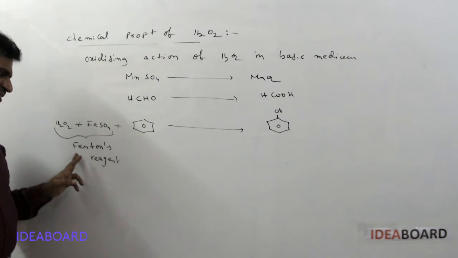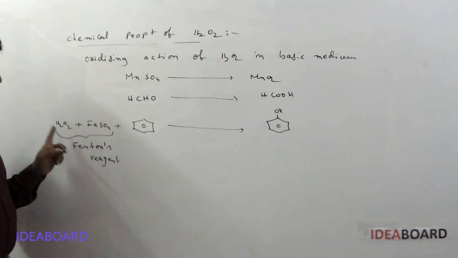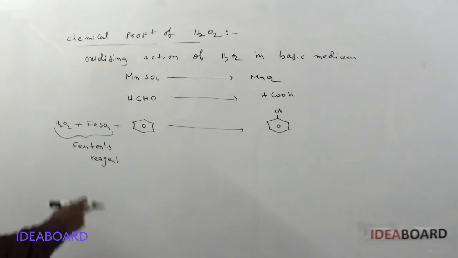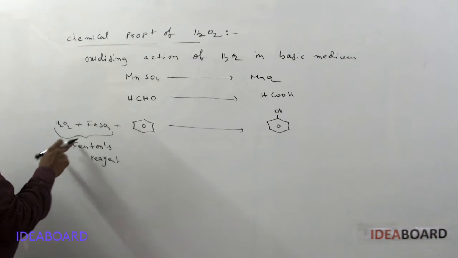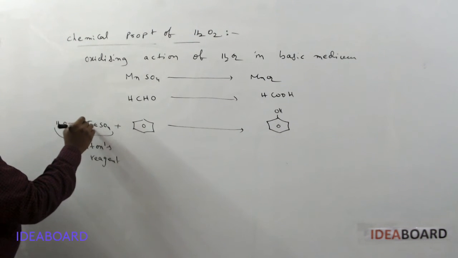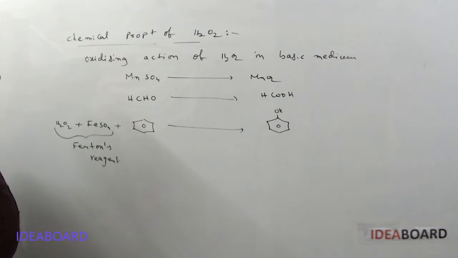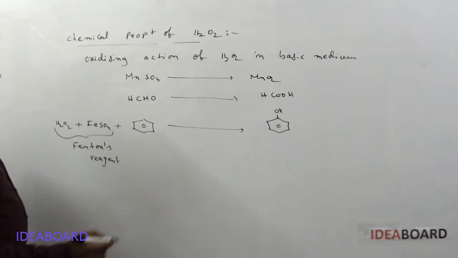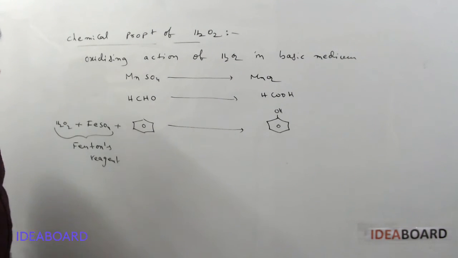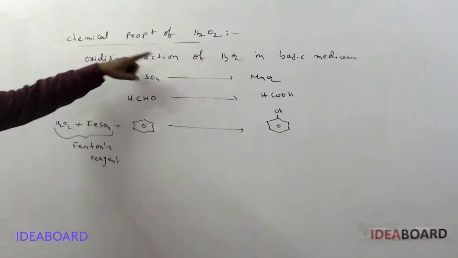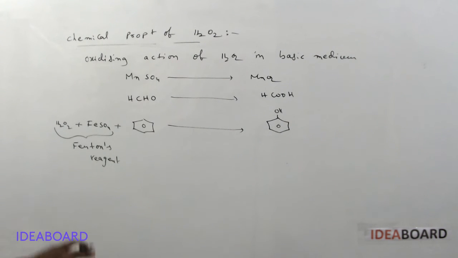Fenton's reagent means the mixture of ferrous sulfate and hydrogen peroxide, and in basic medium, benzene reacts with Fenton's reagent to give phenol. These three are oxidizing actions of hydrogen peroxide in basic medium.